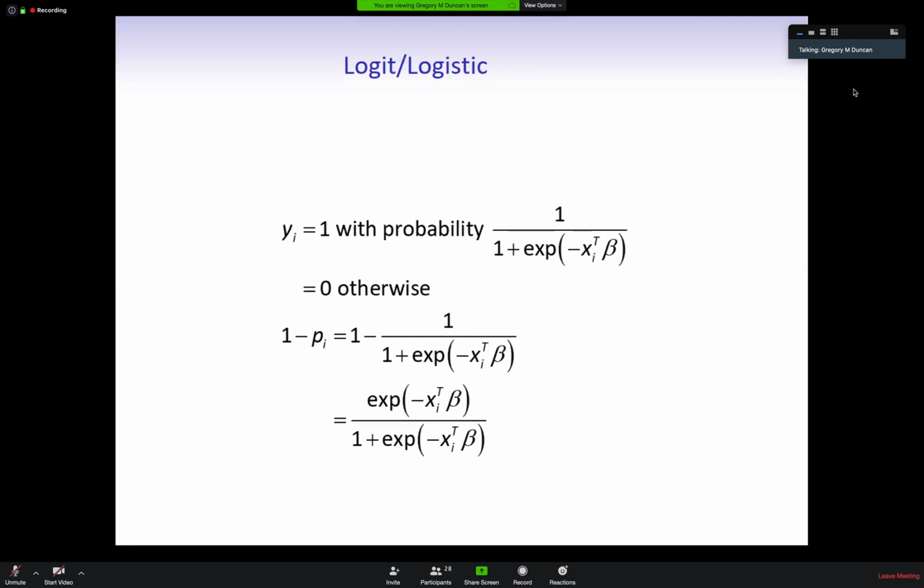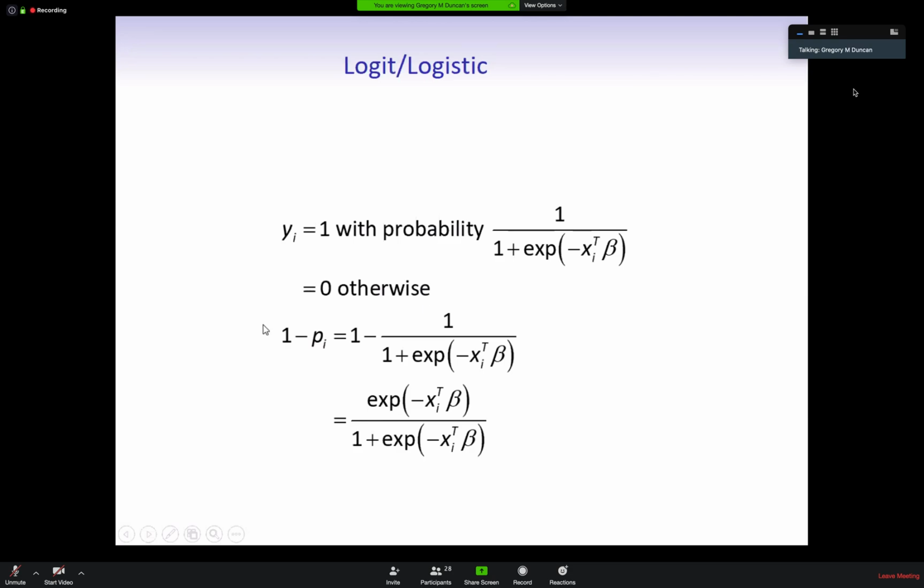It's what the bioscientists still use, although they use the more advanced stuff we're going to talk about in this course as well, to determine whether somebody likely has diabetes, has cancer, has COVID, has the flu, and so on. And so our model is yi equals 1 with a probability given by this, and this thing, no matter how you take x and beta, will always be positive and be between 0 and 1. And it equals 0 otherwise.